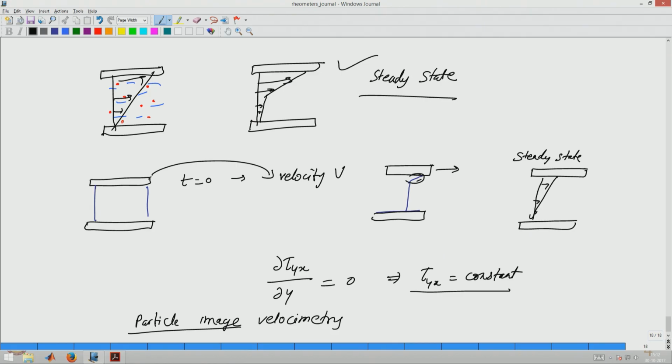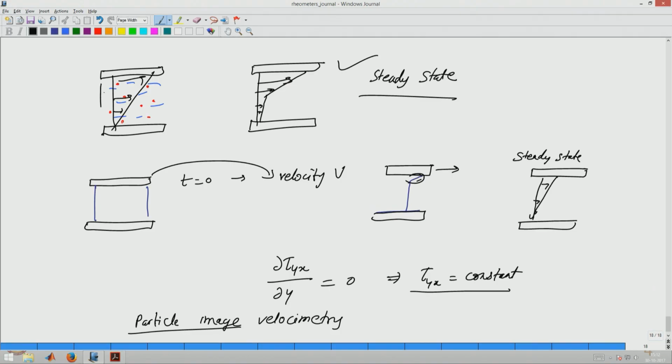This is a fairly popular technique, used from aerodynamics, which is a fairly large scale phenomenon, to rheometer flows, which are small scale flows. You can examine the overall flow profiles in detail at a plane using particle image velocimetry. A region of interest can be looked at. Basically, you take pictures of a specific region and look at how particles are moving, and by doing image analysis you can find out the velocity.